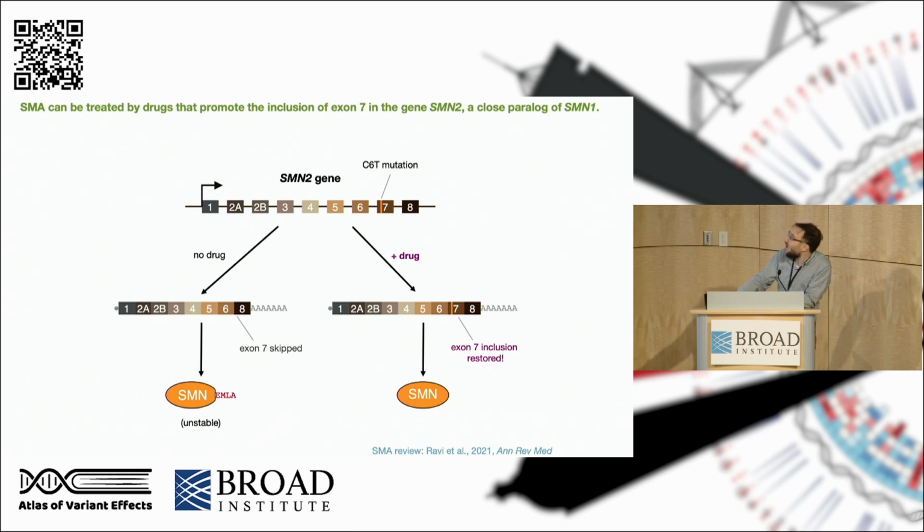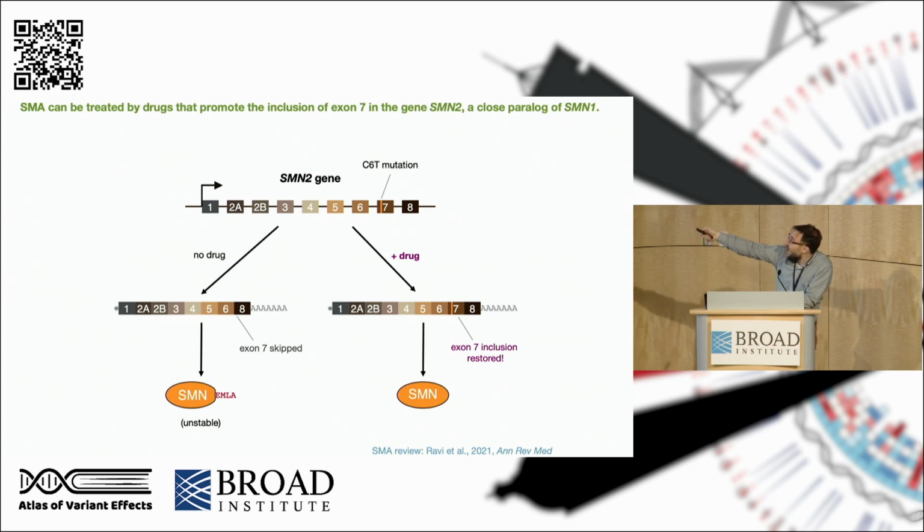in this gene SMN2, which is a very close paralog of SMN1. It codes for exactly the same protein as SMN1 does, but it has a C to T mutation in position 6 of exon 7.